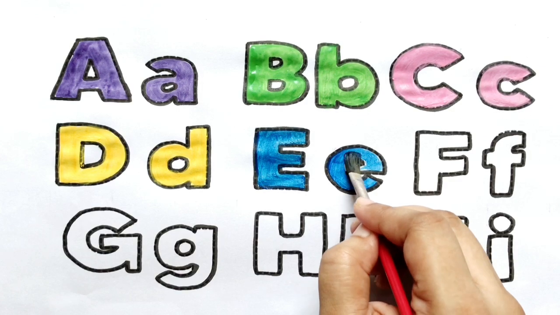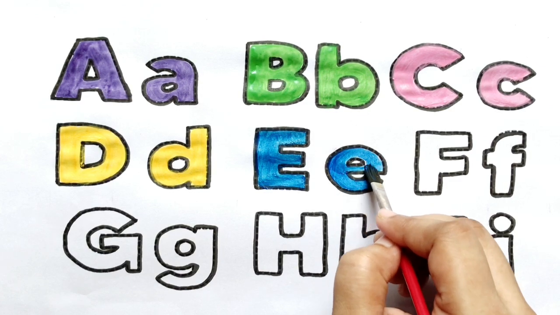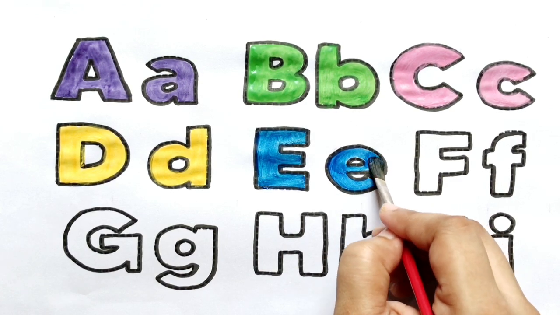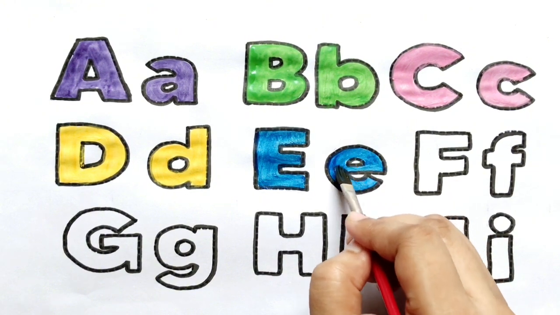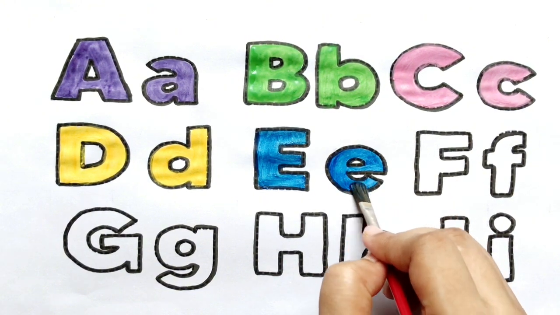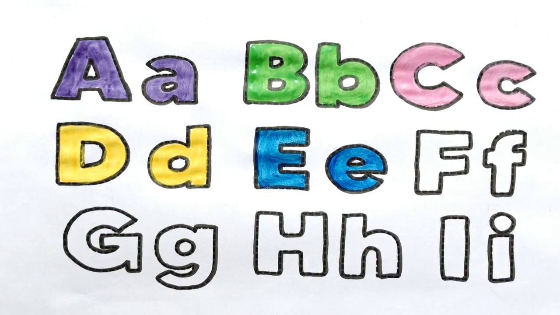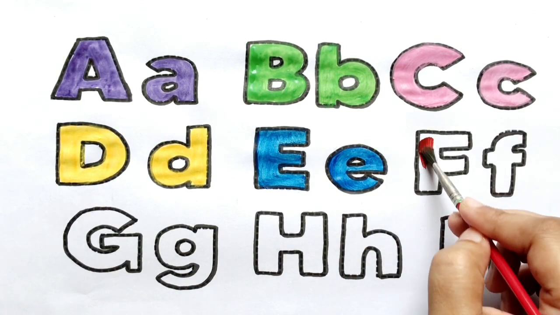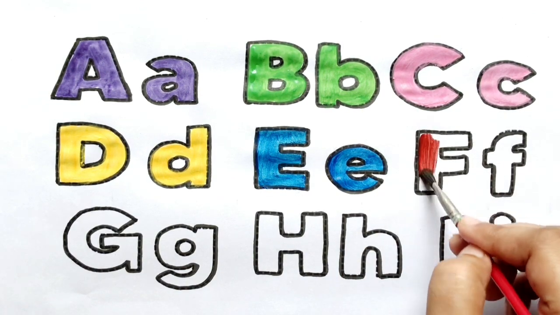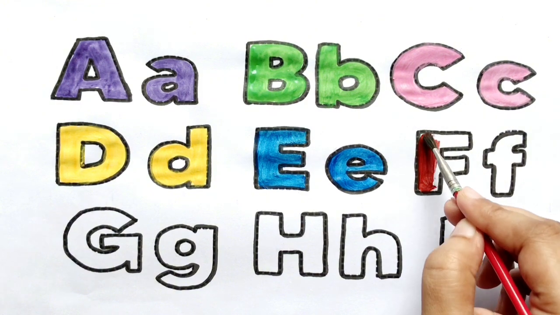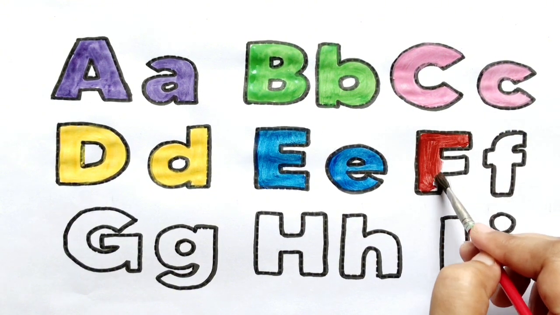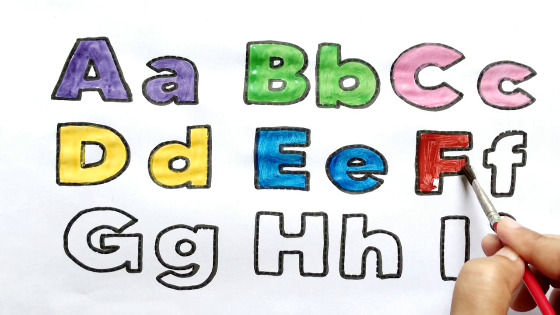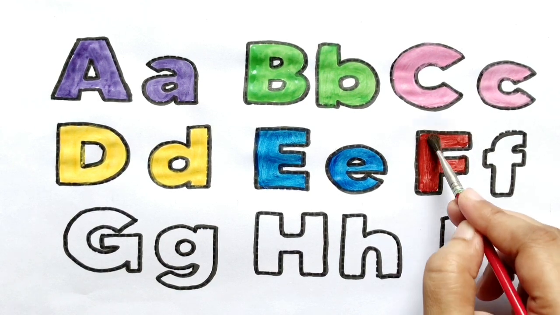A B C D E F G H I J K L M N O P Q R S T U V W X Y and Z. Brown color. Now I know F. F for fish. Next time, won't you sing with me?